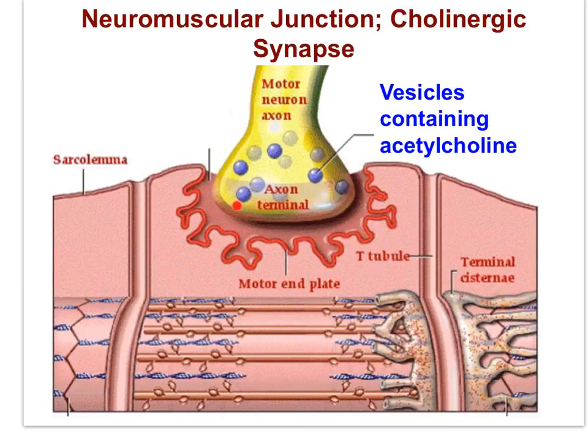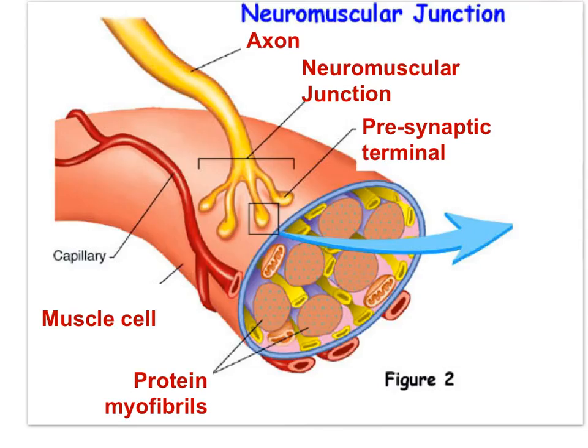Here is another neuromuscular junction. Recognize the muscle cell by the myofibril pattern seen here. This is a cholinergic synapse here, where acetylcholine is the neurotransmitter. In this image, we can see a muscle cell here. We can see the protein myofibrils in cross-section here.